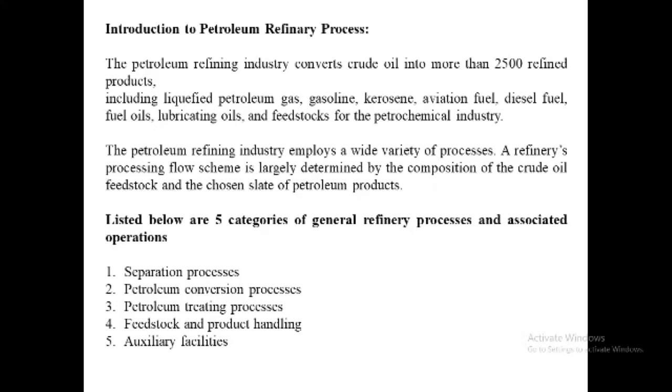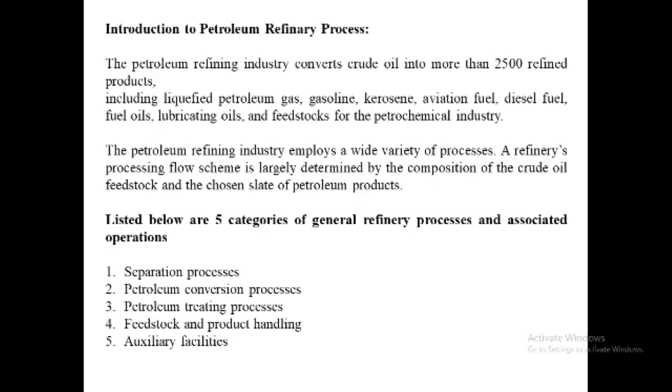Now, second one is the petroleum conversion process, or simply we can say it is a conversion process to meet the demand for high octane gasoline, jet fuel, and diesel fuel. Components such as residual oil, fuel oil, and light ends are converted to gasoline and other light fractions. The cracking, coking, and visbreaking processes are used to break the large petroleum molecules into smaller ones.